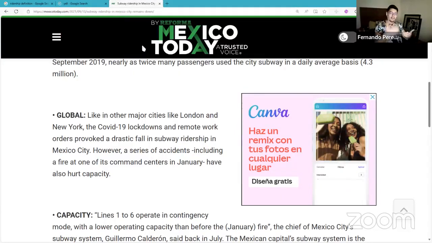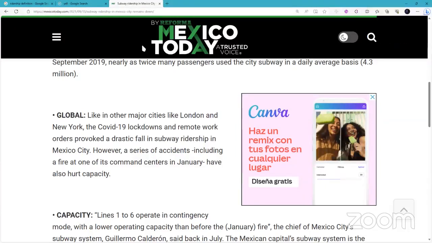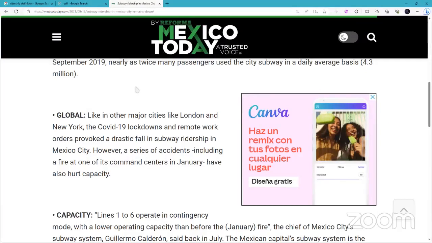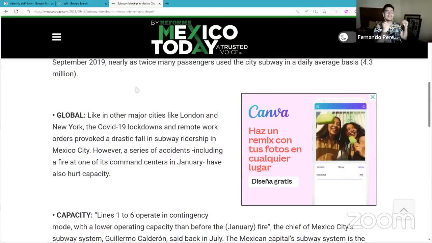What fell drastically in Mexico City? The COVID didn't fall. Listen to my question. What fell? Fell is the past of fall. So what fell drastically in Mexico City?